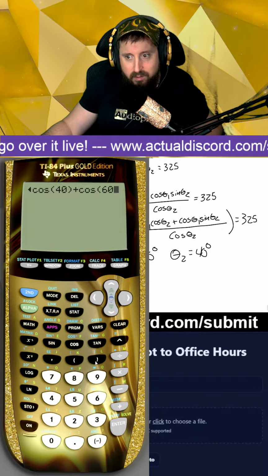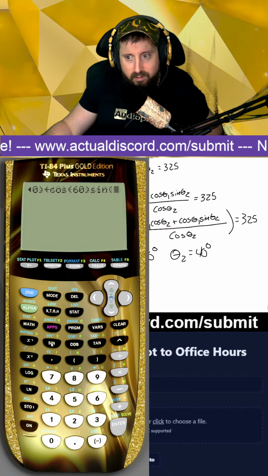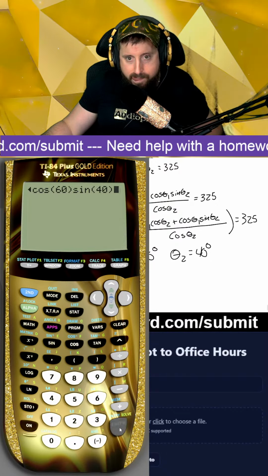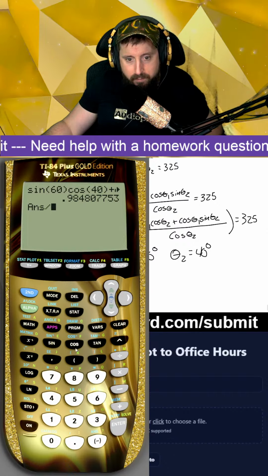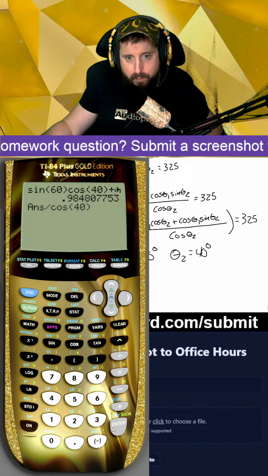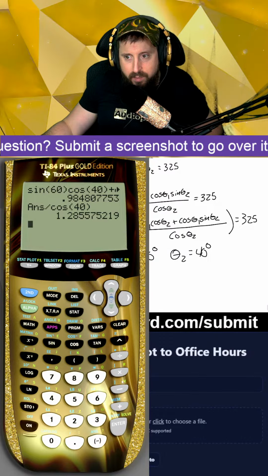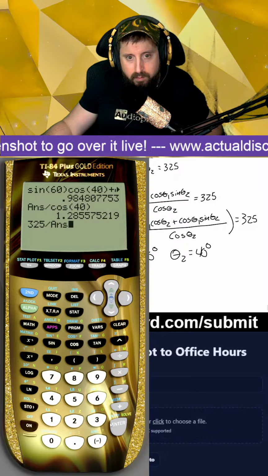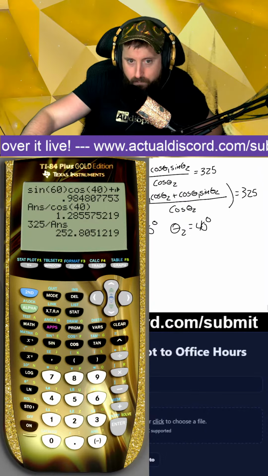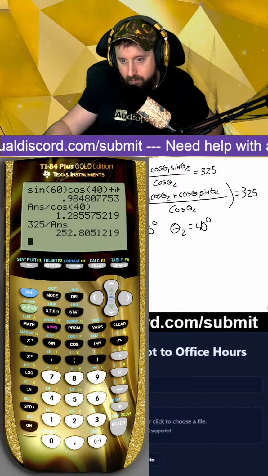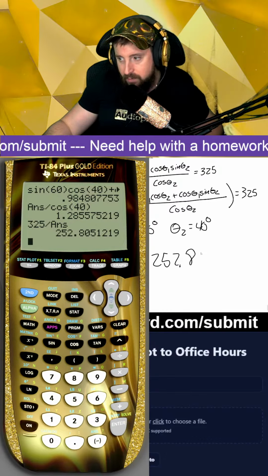Cosine 60. Sine 40. Do all that. Divide by the cosine of 40. Bingo bango. And then do 325 divided by that. So you get T1 is equal to 252.8.